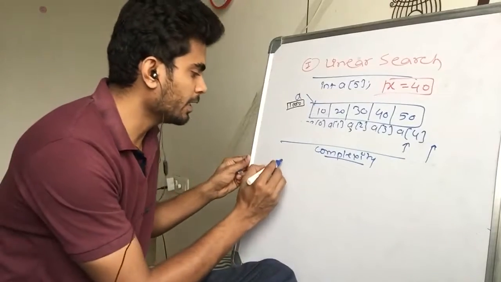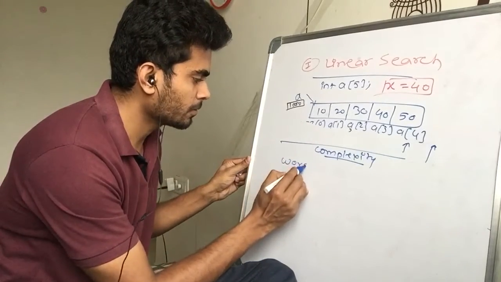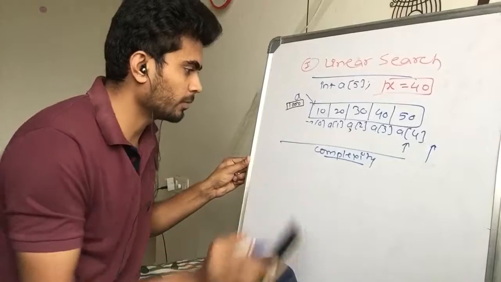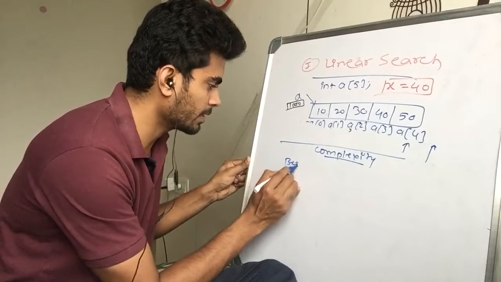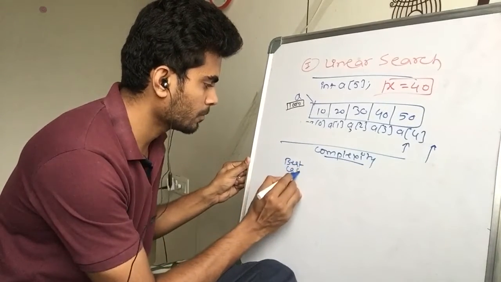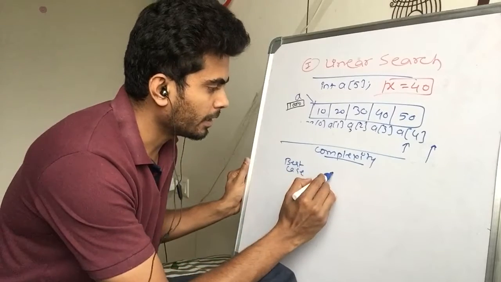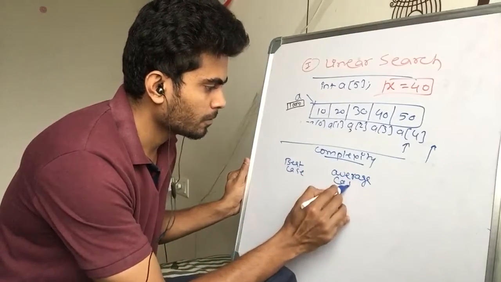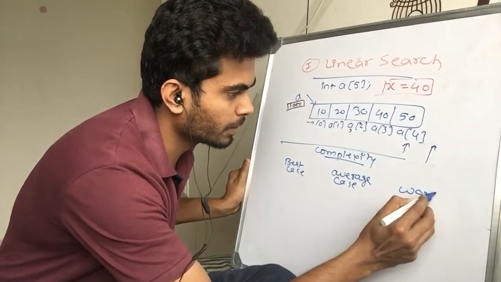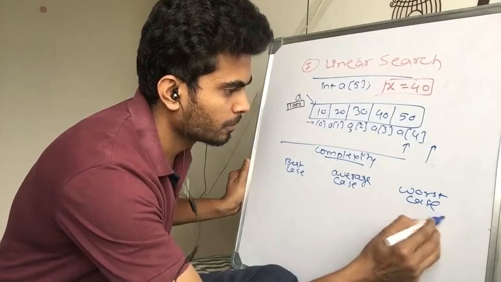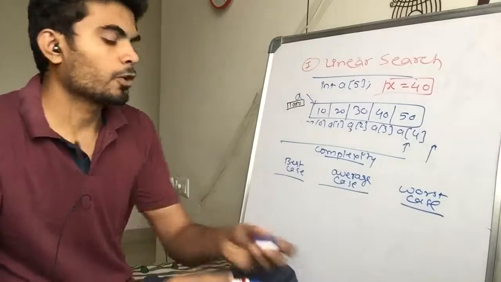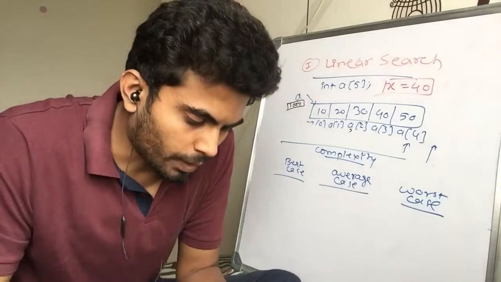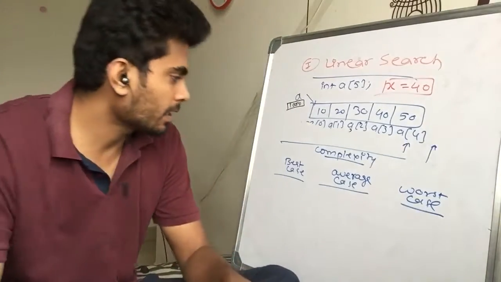There are three kinds of complexities. Let's start from the positive one, that is the best case complexity, and there is an average case complexity, and there is a worst case complexity. Okay, these three types of complexity classes are there.